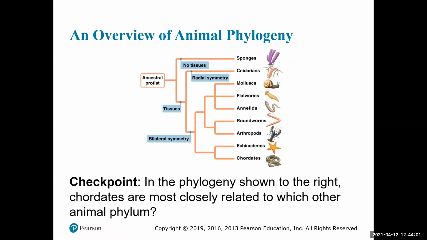Okay. Now, with this phylogenetic tree, there are a couple of things going on here that I want to talk about and mention. Most of these are shown in these blue boxes here.